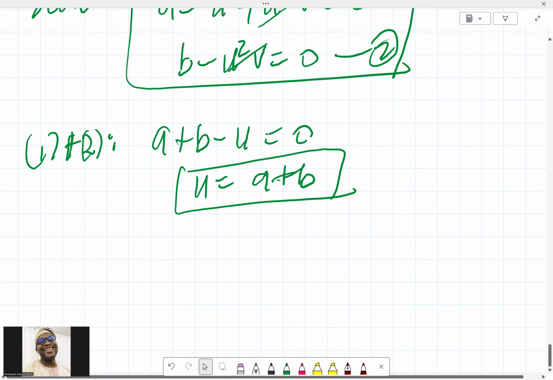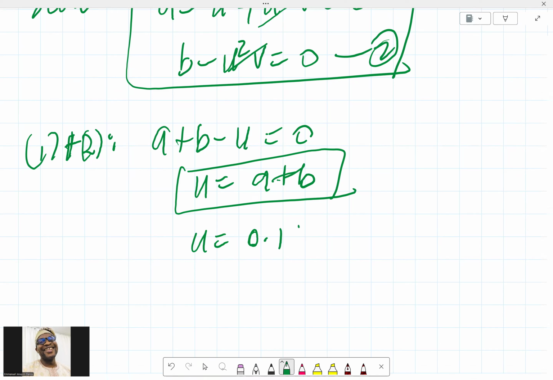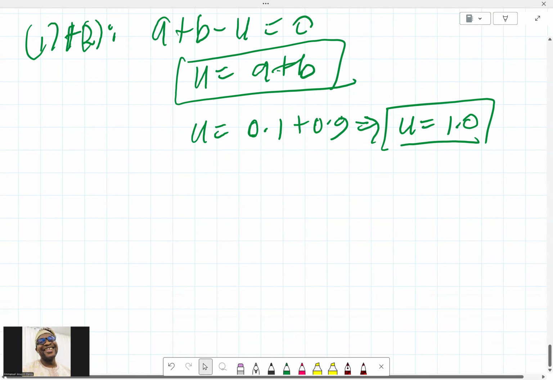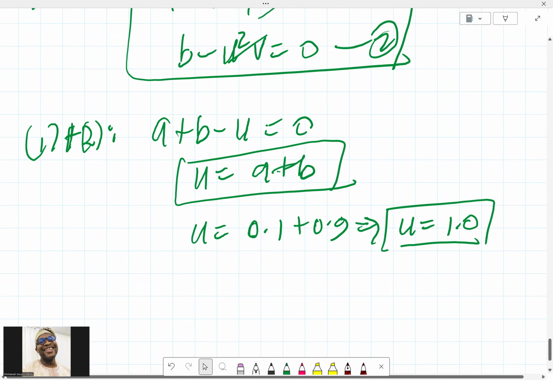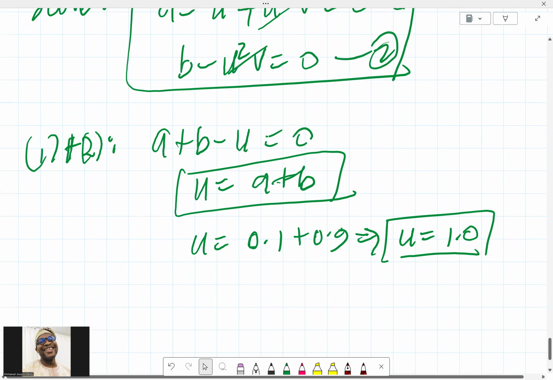Since u is a plus b, interestingly, we have values for a and b. So a is 0.1, b is 0.9. That implies that u is equal to 1.0, or just 1 if you like. Then what do we do next? Since we have u now, we can go for v.